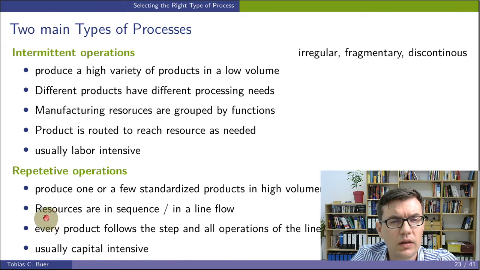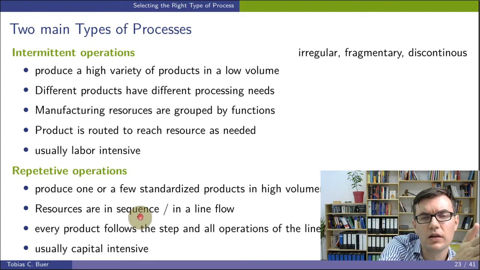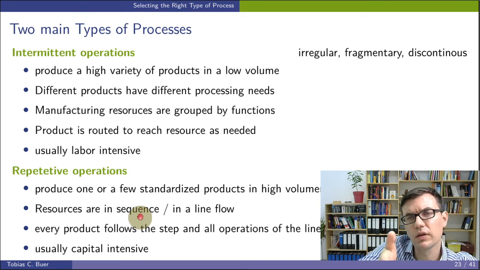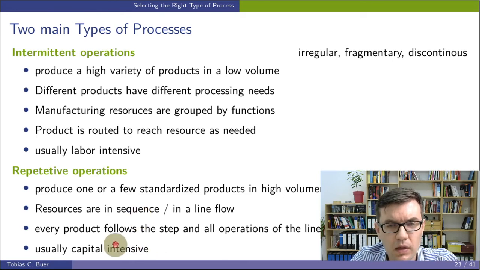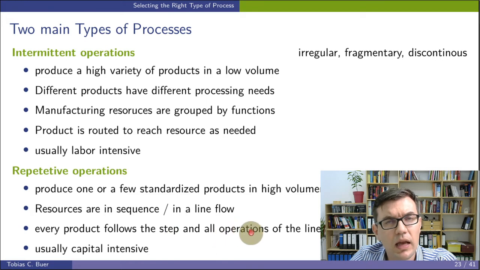We produce these usually in sequence in a flow line, so the product moves through the factory, visits all the machines in sequence, and some actions are performed. So every product follows the main production steps and all operations of the line, and typically this is more capital intensive but less labor intensive.